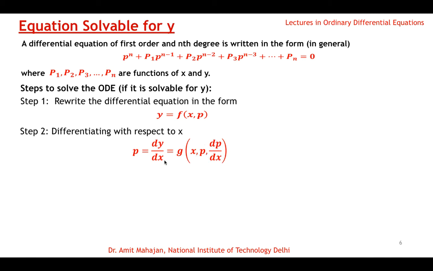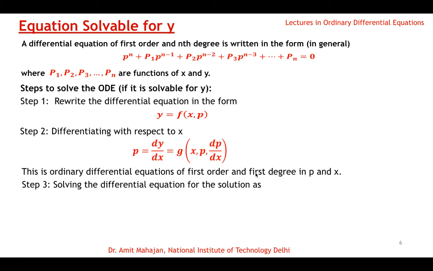On taking the derivative we get this new differential equation in two variables p and x, and it's a first order first degree differential equation in p and x. So we can solve this differential equation for a solution.